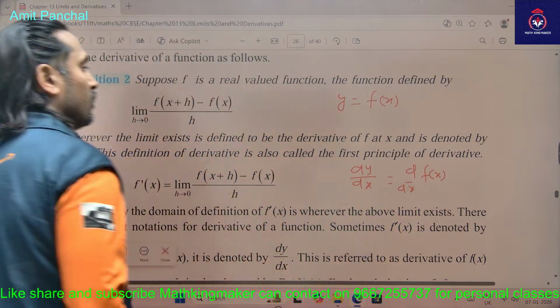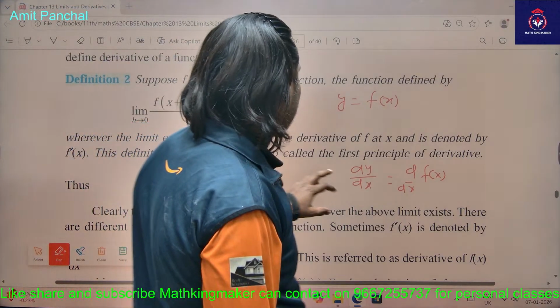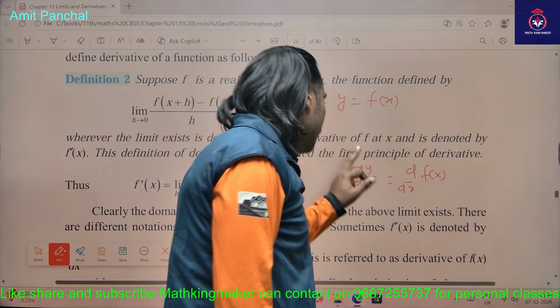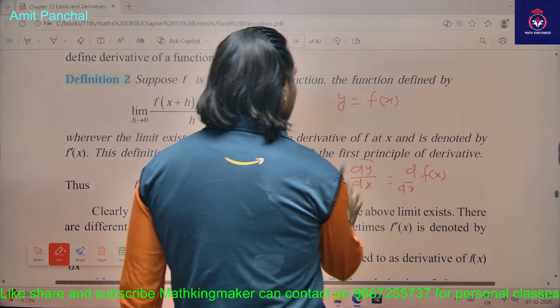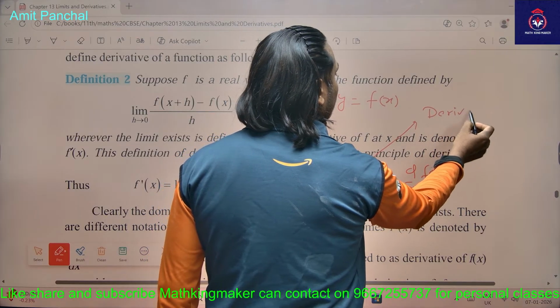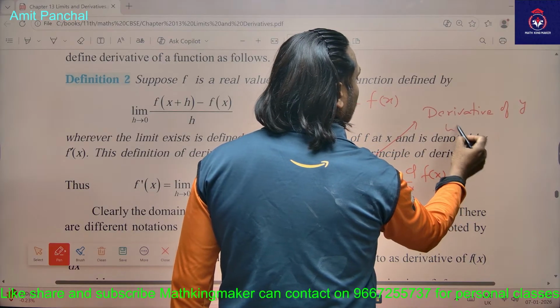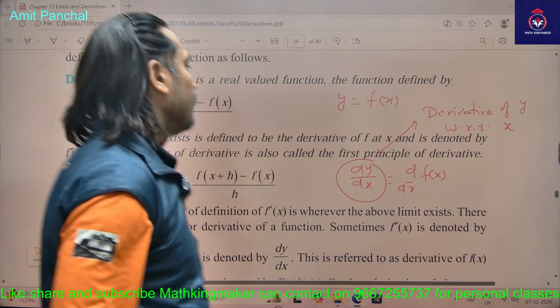That is basically dy by dx, the derivative of y with respect to x. We call it like this.